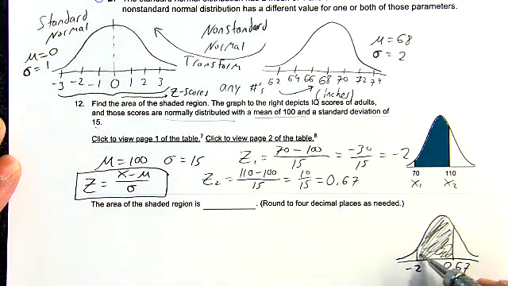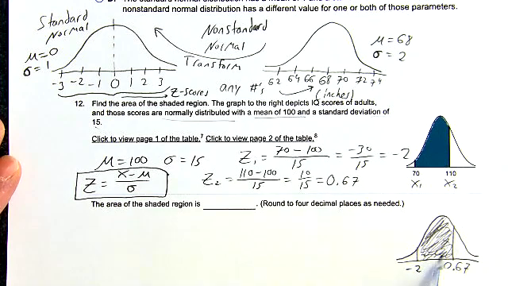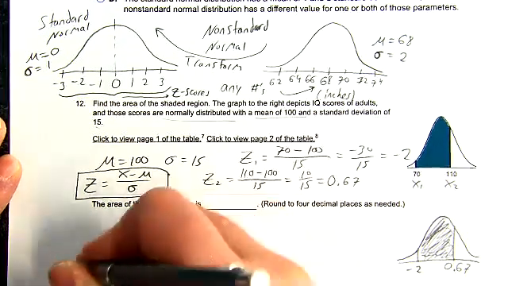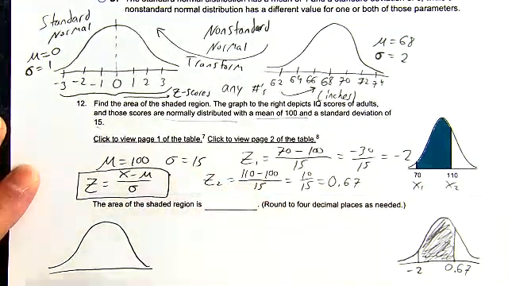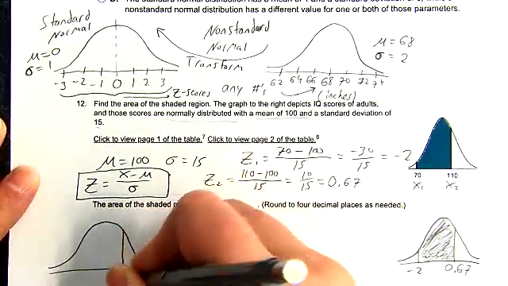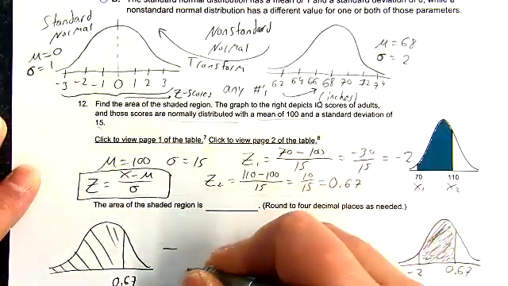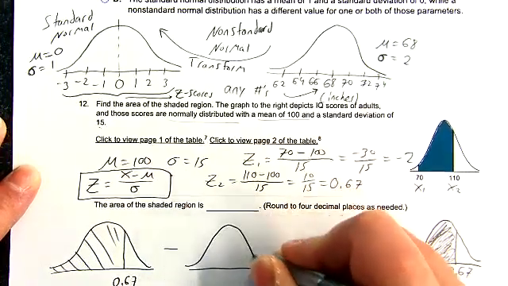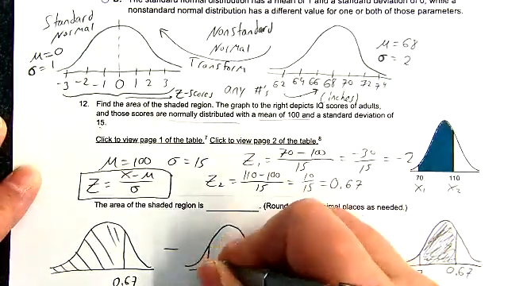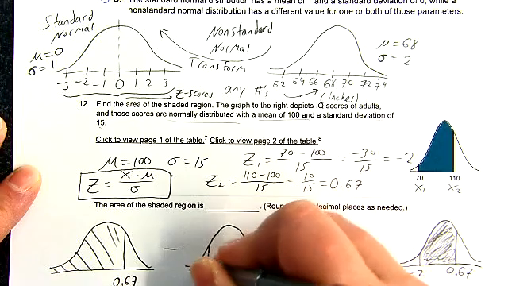So now that I've transformed it, we go back to what we did in section 6.1 to find the area between two z-scores. I take the area of the bigger number minus the area of the smaller number. So what we're going to do is look up 0.67, which is going to be all of this area, minus the area for -2.